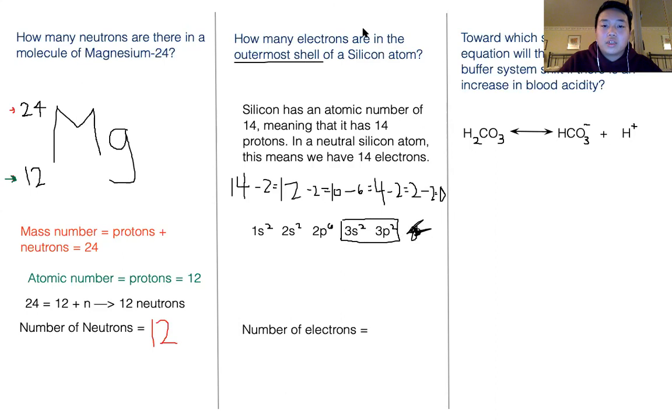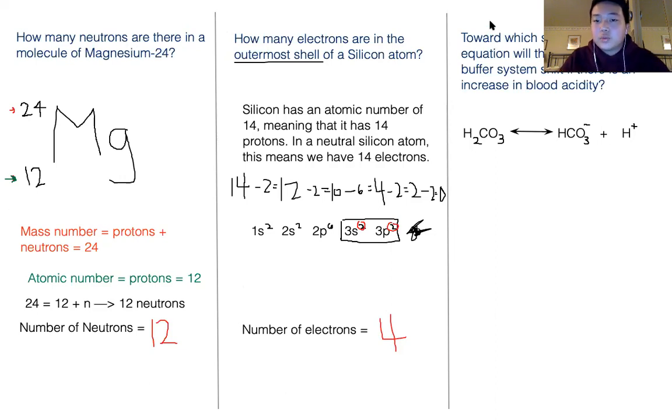And the number of electrons is actually denoted not by the 3, but by these two numbers right here. So that tells us that we have 2 plus 2, 2 in the 3s, 2 in the 3p. That means we have a total of 4 electrons in the outermost shell. 4 electrons. Okay.